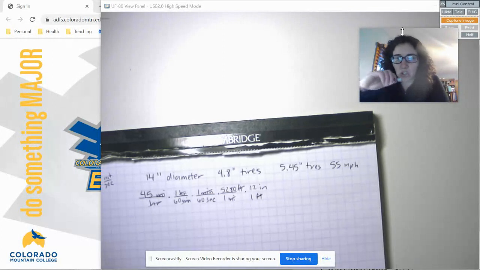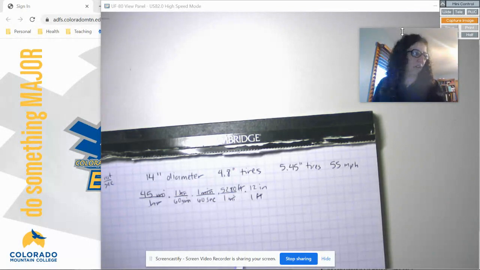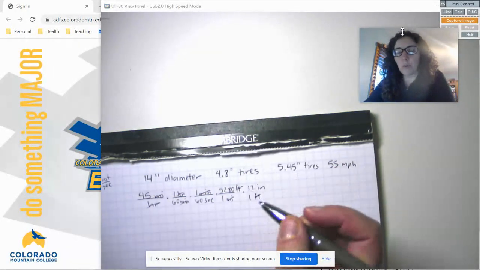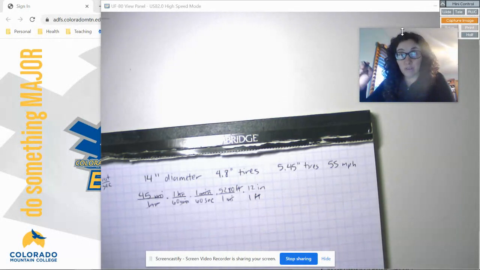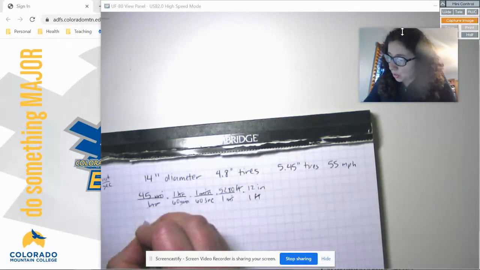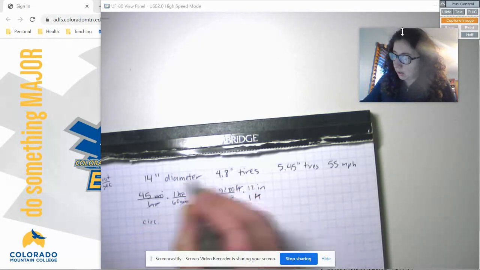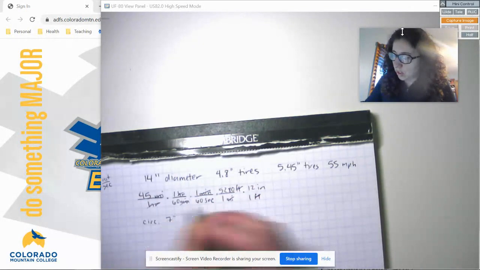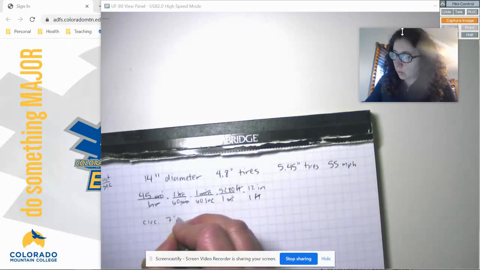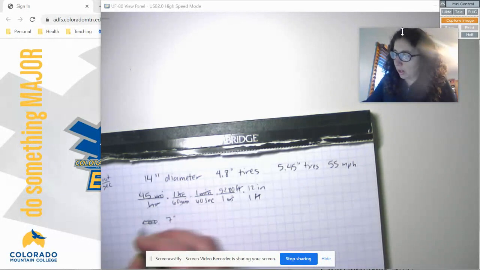Well, one rotation of a wheel is going to be how much forward motion for this car. Well, that's going to be the circumference, right? The circumference is going to involve the radius, which is half this diameter, so 7 inches.